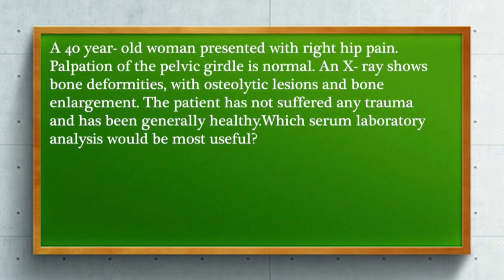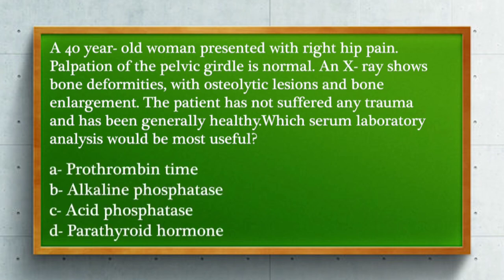Which serum laboratory analysis would be most useful? A. Prothrombin time. B. Alkaline phosphatase. C. Acid phosphatase. D. Parathyroid hormone. And the answer: B. Alkaline phosphatase.